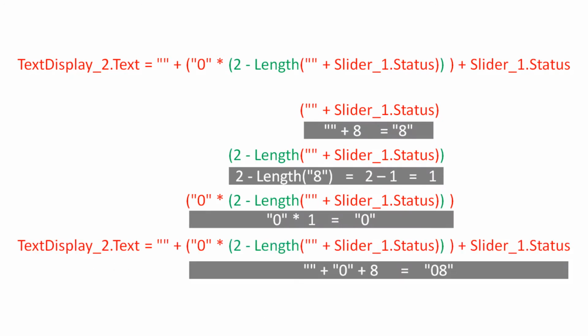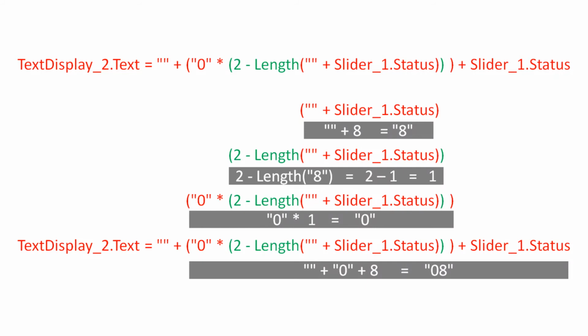So now, if we look at the text display here, we're taking the null string at the beginning, and we're adding on that 0 times the integer 2 minus the length of the string representing number 8.